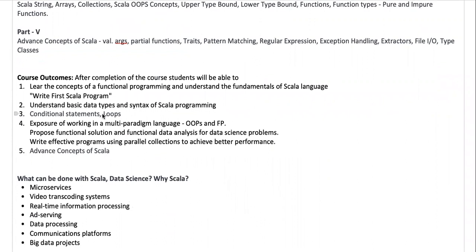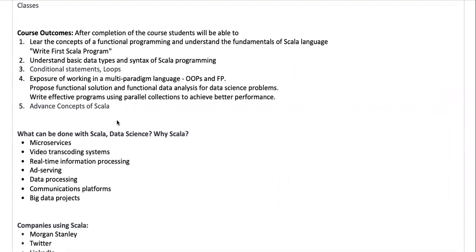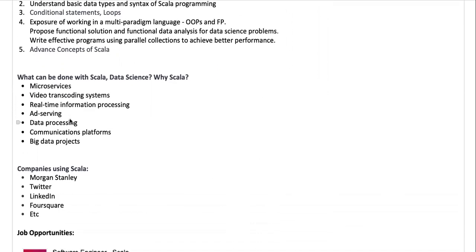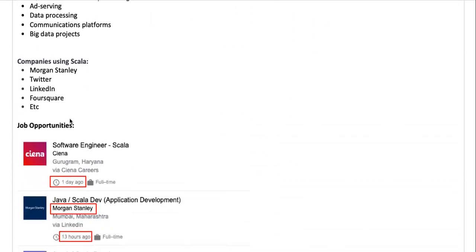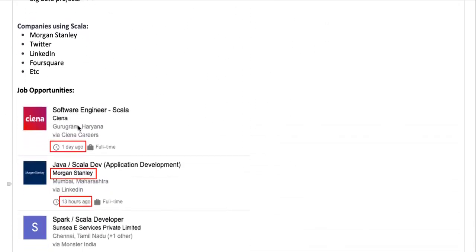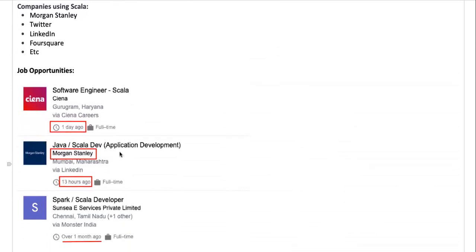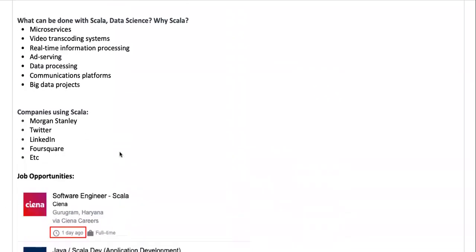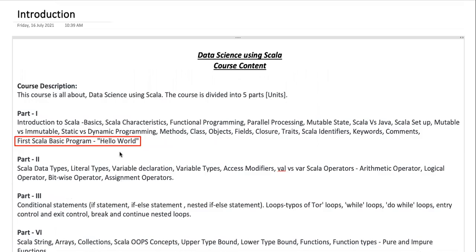We have understood the use of Scala, why it is needed in the market, and which famous companies are looking for Scala developers. You can find more jobs on LinkedIn if you would like to. This is just the introductory part.